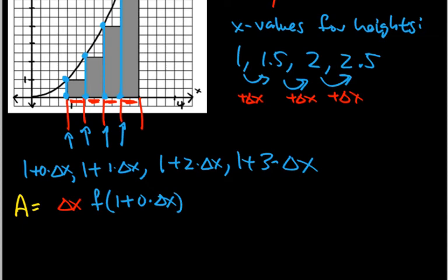Alright, and then we add the next base, which is still delta x. Then the next height, which is f at the next point, 1 plus 1 delta x. And this just continues on and on until we get to the last part.